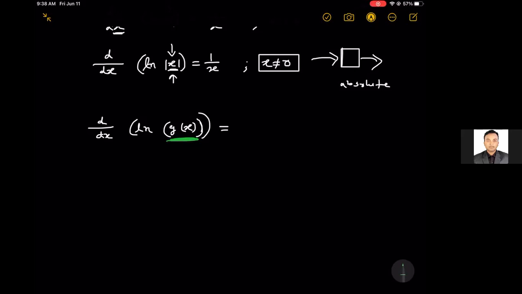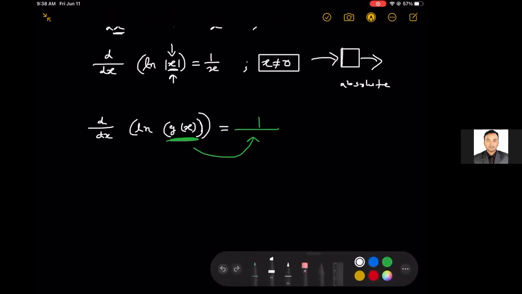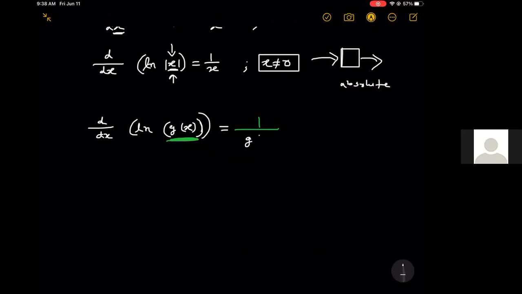Exactly. Whatever you have with the natural log, the derivative will always be 1 over that. So we can write 1 over g of x.